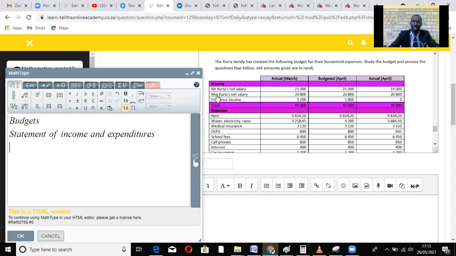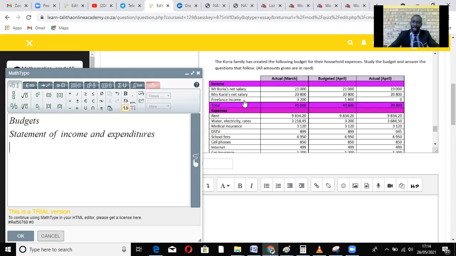Then here is Mrs. Courier's salary, the wife. The wife actually got 20,800 in March. The budgeted salary was 20,800 and the actual salary was 20,800. So basically, the wife got everything the way it was budgeted in the month of March.